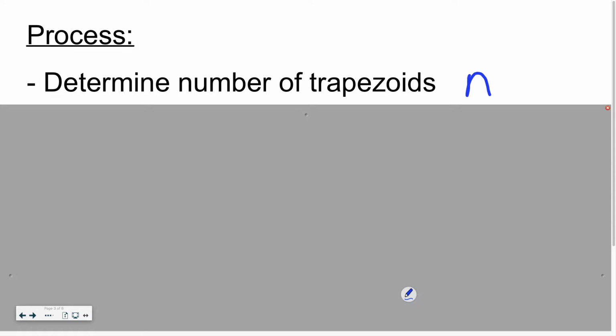But trapezoids don't have a width, all right? Before we used delta x as our width of the rectangle. Well, if we have trapezoids that all look like this, what is delta x going to refer to in that trapezoid?